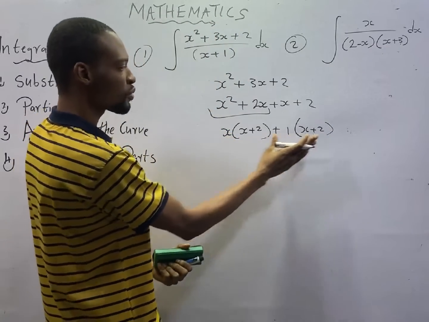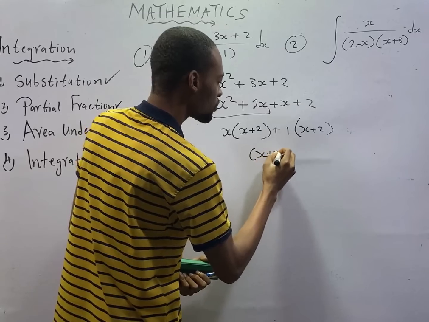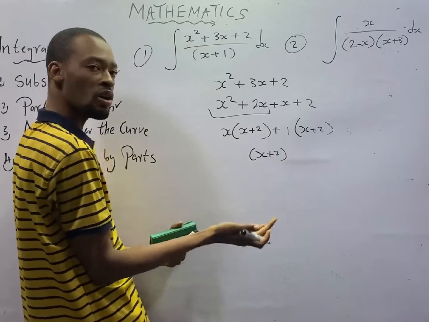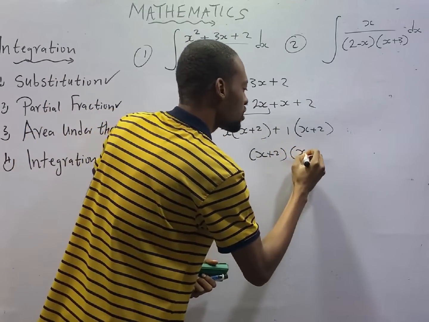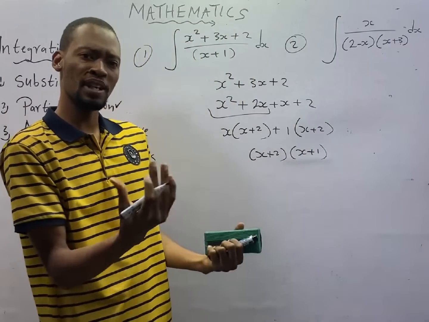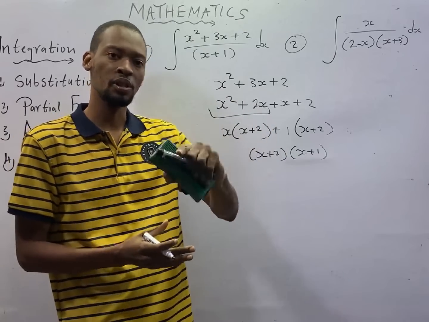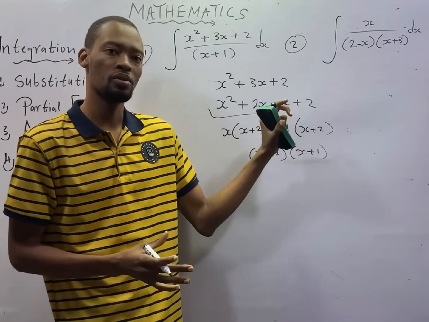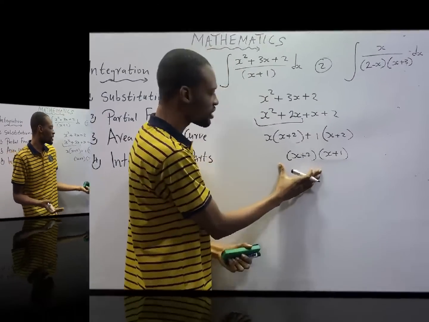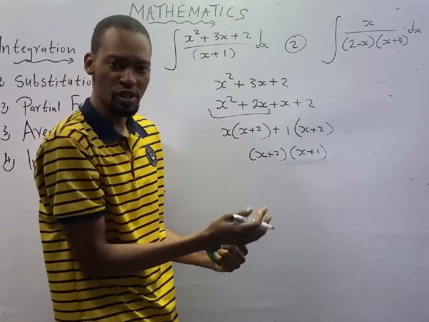This is s plus 2, this is s plus 2. We pick one of them, s plus 2, then s plus 1 outside. So this is s plus 1. If you feel I am performing magic, please go and watch the quadratic equation video. That will teach you how to factorize. This is the same thing as this. We've been able to factorize this expression.